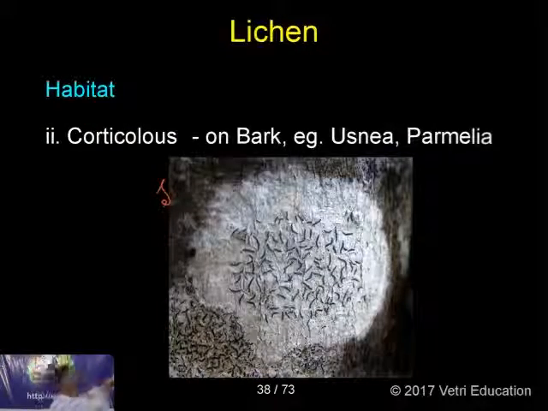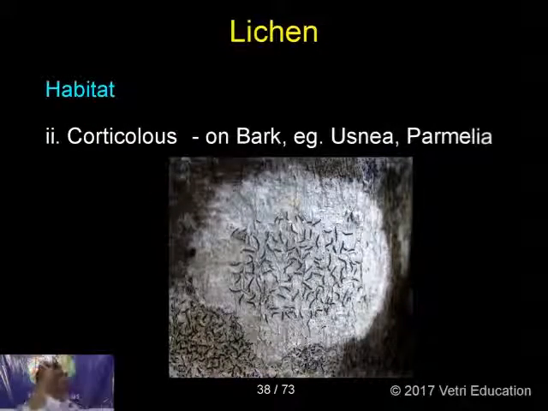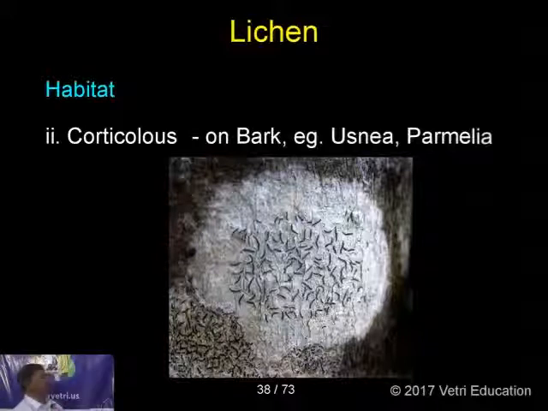The second one is corticolous. Corticolous lichens are found on the bark of trees, for example Usnea and Parmelia. These lichens grow on bark.